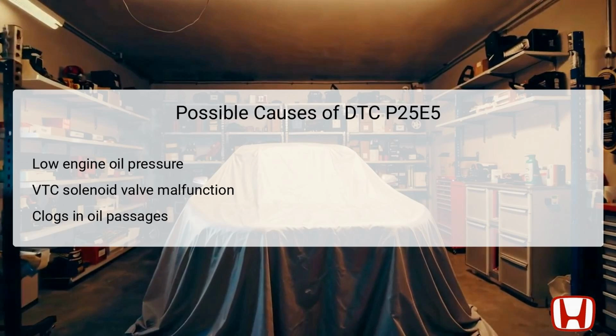If the solenoid fails, it cannot perform the prescribed adjustments as commanded by the PCM. Lastly, the presence of debris or clogs in the VTC system oil passages could obstruct the flow of oil, leading to a failure in the camshaft control system. Any of these scenarios create conditions that trigger the DTC, necessitating thorough inspection and testing.